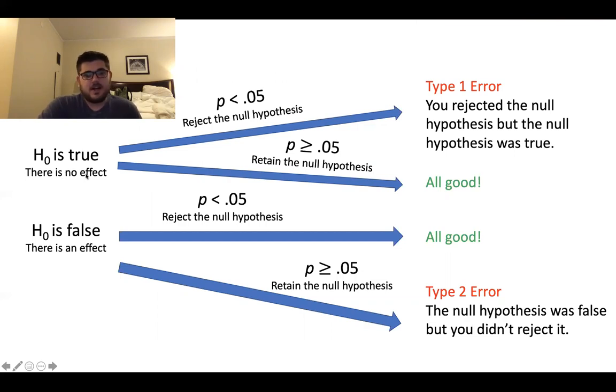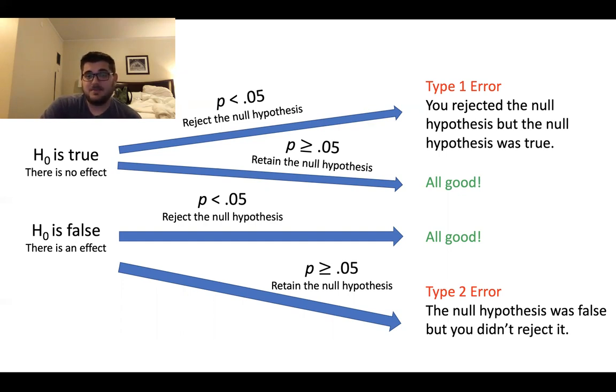So let's say, hypothetically, unbeknownst to us, the null hypothesis is true. There's no correlation, there's no difference between groups. Despite that, Lady Luck played a trick on you. You happen to get some data that's very extreme. Extreme data does happen, you know. Technically, it is possible to flip a coin 10 times and get heads every time, or roll a dice 10 times and get a 6 every time.